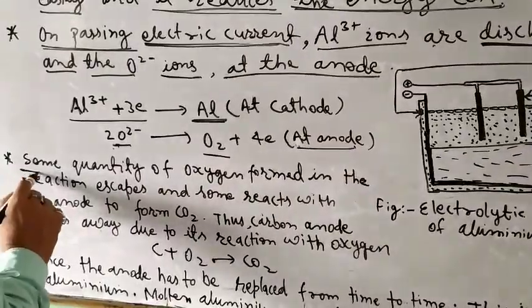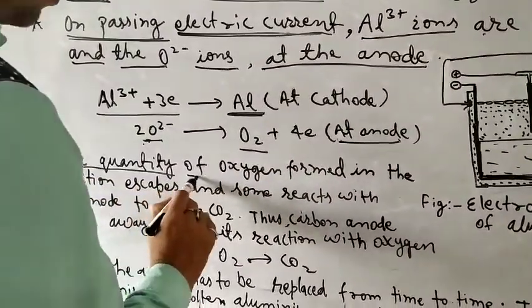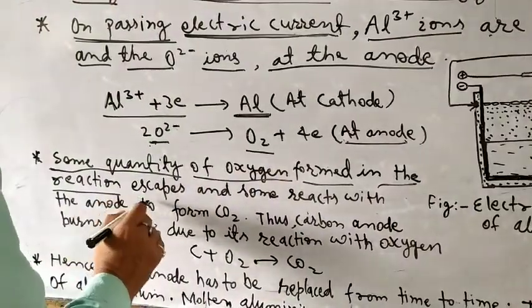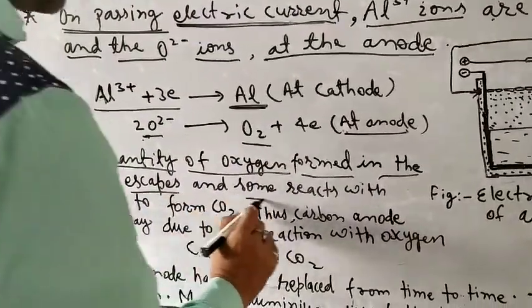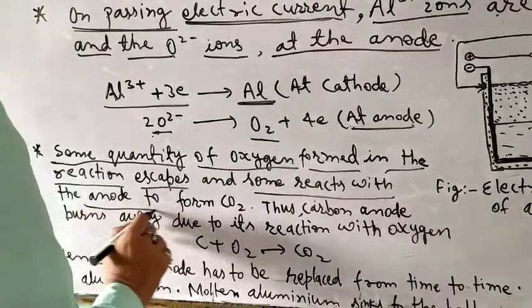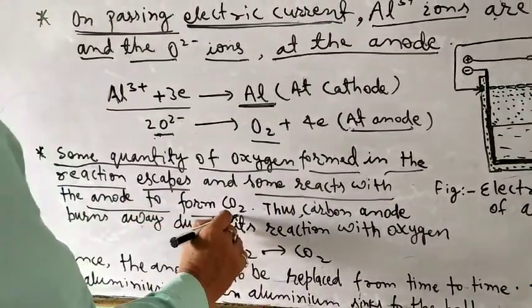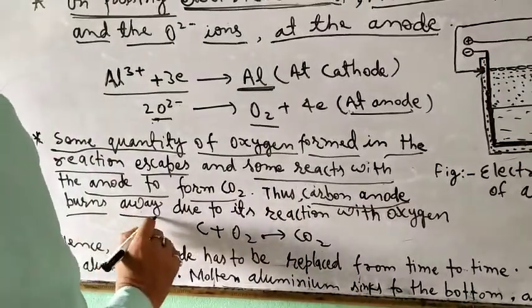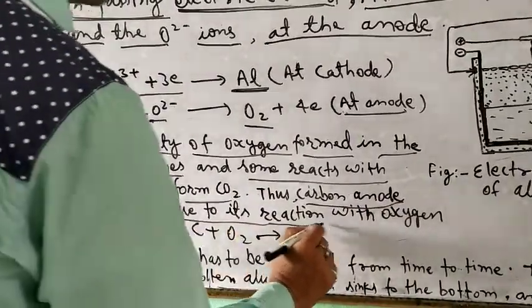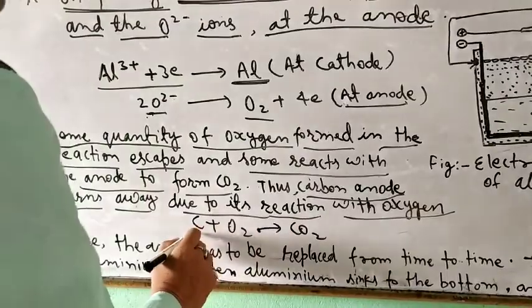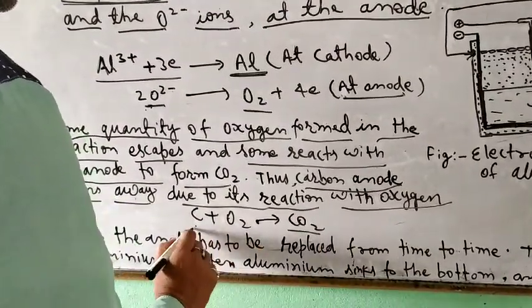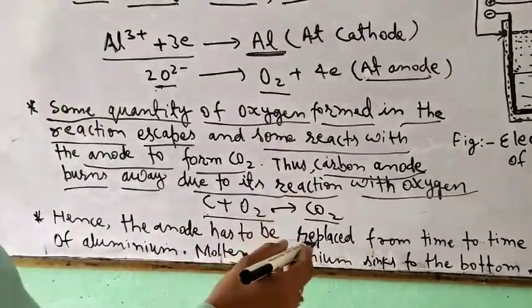Some quantity of oxygen formed in the reaction escapes, and some reacts with the anode to form carbon dioxide. Thus, the carbon anode burns away due to its reaction with oxygen. So carbon reacts with oxygen to form carbon dioxide that is released here.